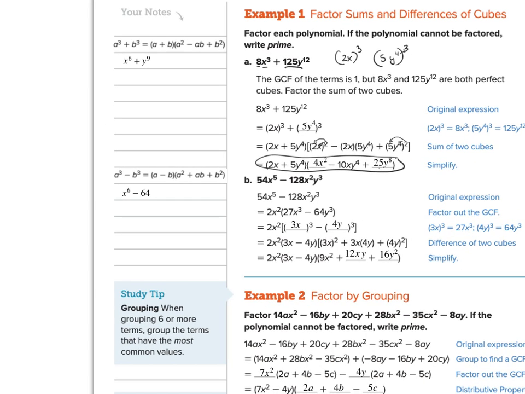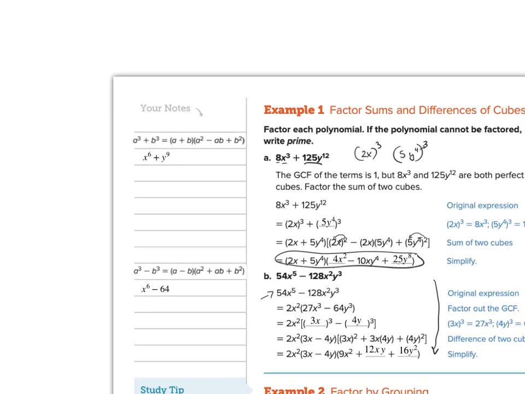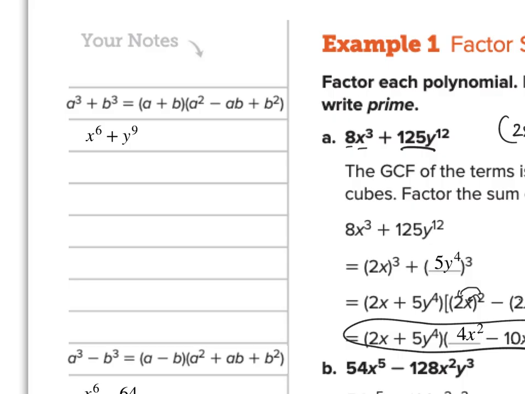Here is practicing the difference of cubes. Again, these are a little bit more difficult, so let's just take it to the basics. The sum of cubes here would be equal to x squared cubed plus y cubed, because I want it to be a cube.